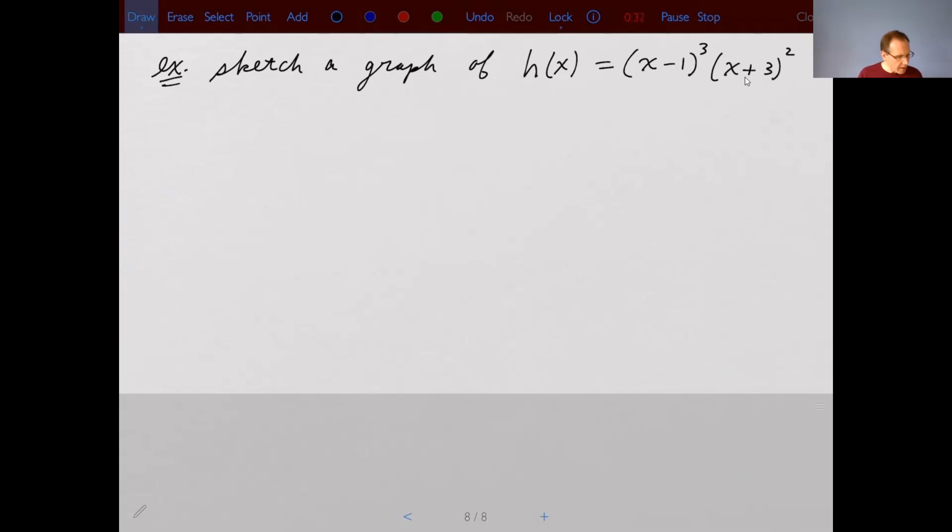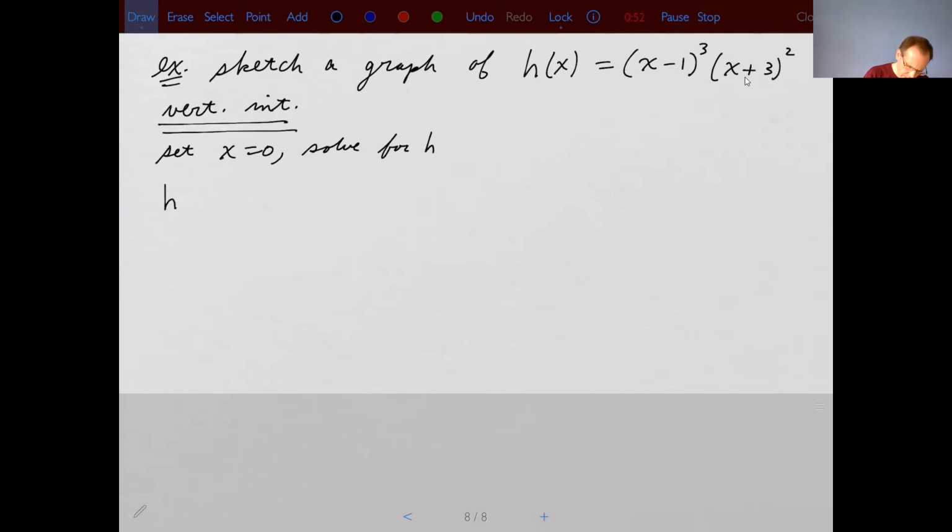All right, so let's start by figuring out the intercept. So the vertical intercept, in this case, is going to be the h intercept. How do I find it? I set x equal to 0, and I solve for h. So in other words, I want to evaluate h at 0.